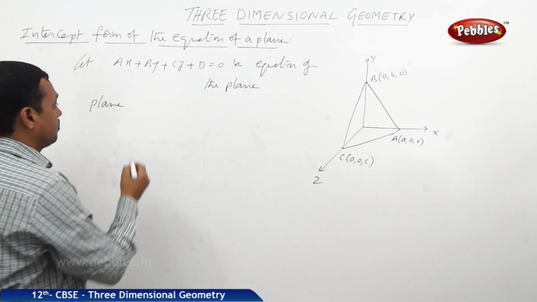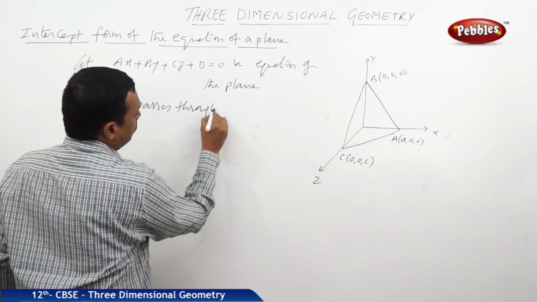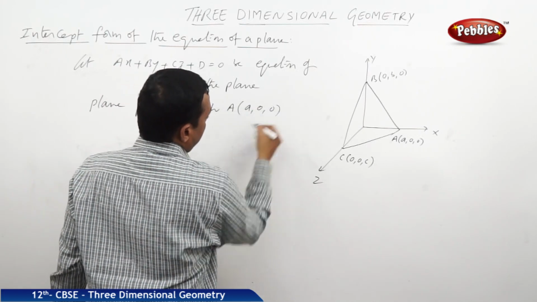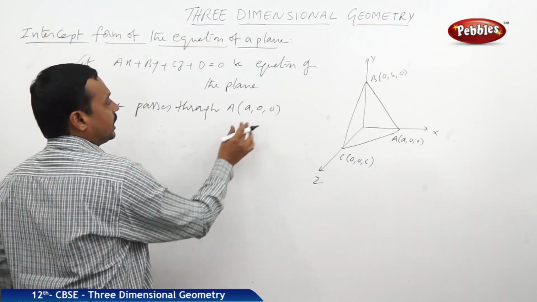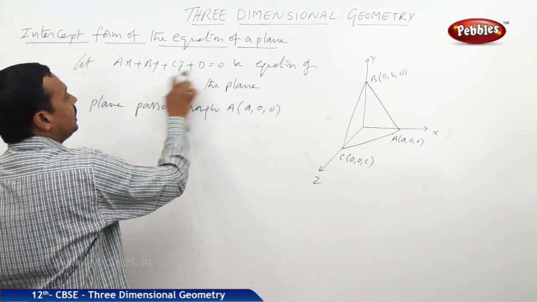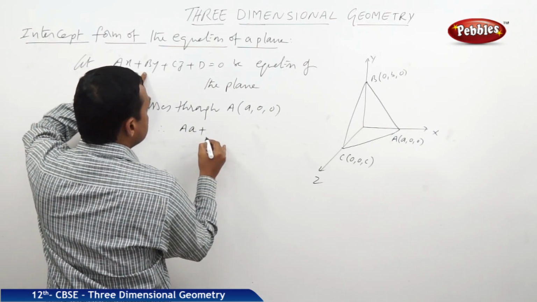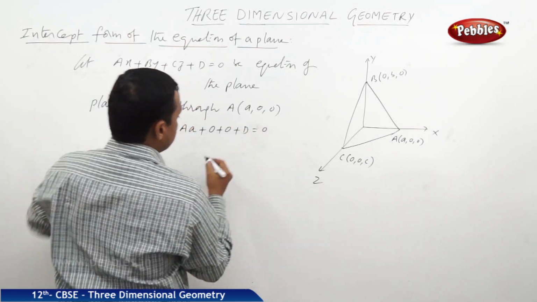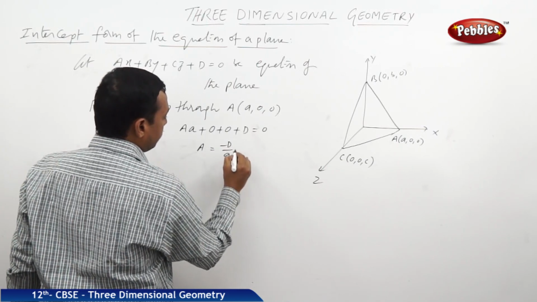Cuts means the plane passes through the point (a, 0, 0). Hence, we can substitute the coordinates (a, 0, 0) in the equation of the plane. Then A into a plus B into 0 plus C into 0 plus D is equal to 0. Therefore, here a is equal to minus D by A.